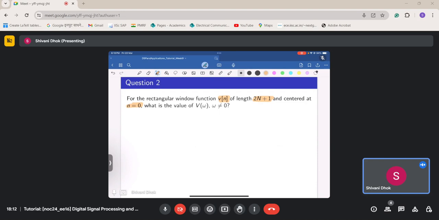This was a part of last year's assignment, but I would still like to repeat it so that you get practice with these kinds of questions. So let's start by writing this V of n, my rectangular window function, which is equal to 1 for minus N less than or equal to n less than or equal to capital N, and 0 otherwise.